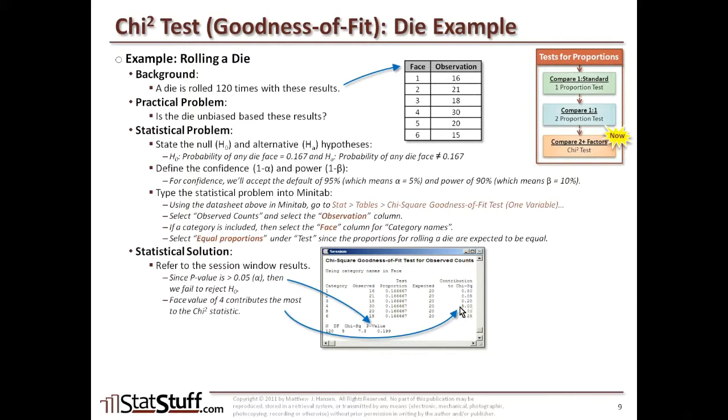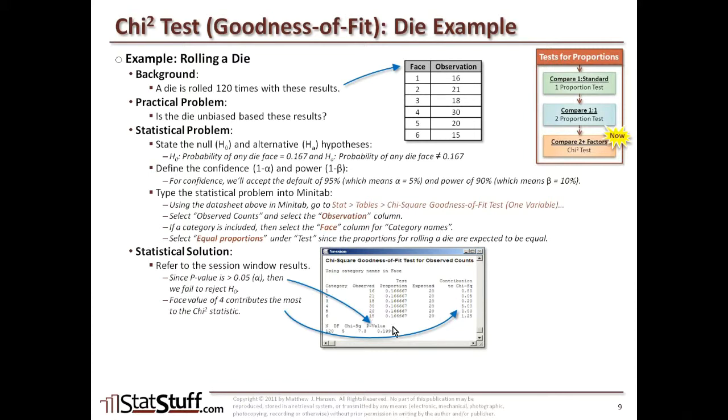It has a 5 out of the 7.3, that's the largest contribution. So it appears that, if there's anything, the 4 just stands out as being very different. In this case, the 4 was observed 30 times when I would have expected each of these to be 20. The fact that I got 50% more for the 4 just makes it stand out compared to the others.